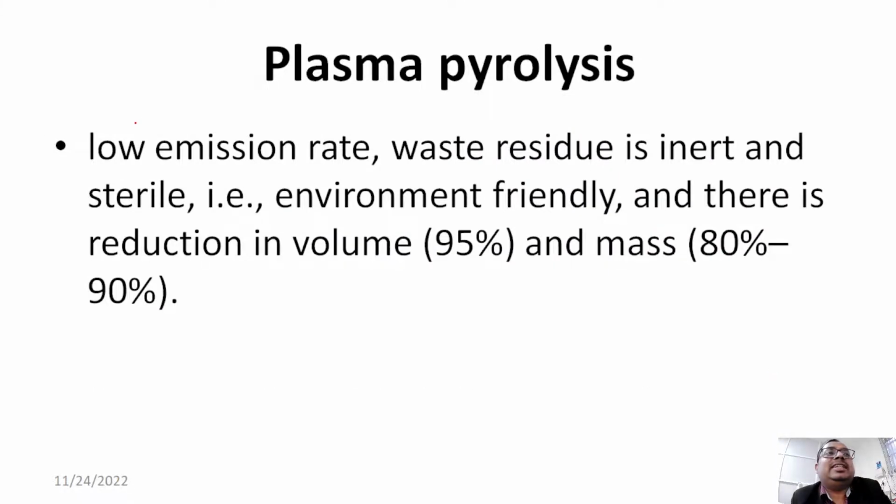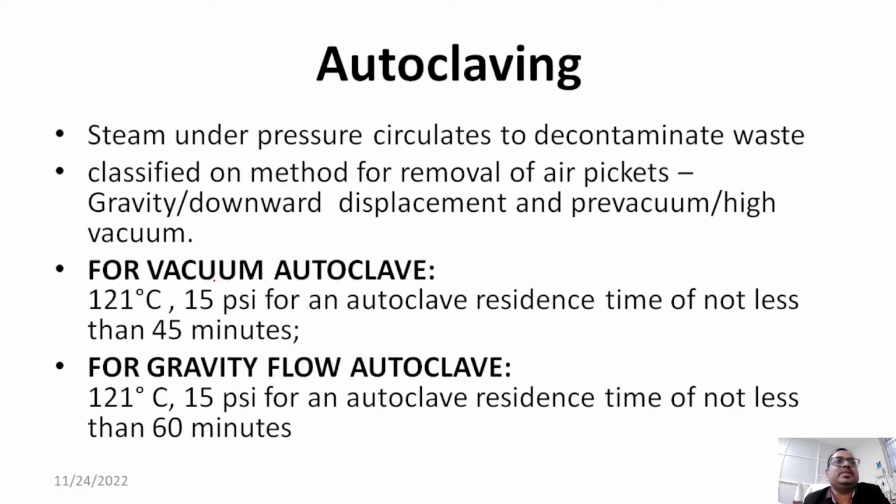So this has the advantage of low emission rate. Waste residue is comparatively inert and sterile, thus it is environmentally friendly, and the volume reduction is comparatively more, that is 95%, with a mass reduction of 80 to 90%.